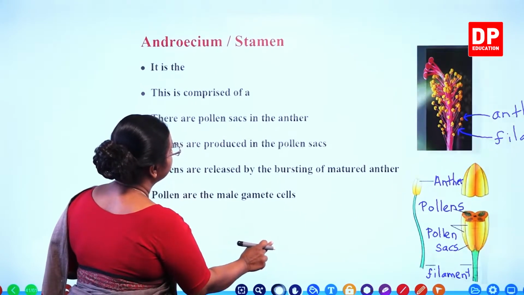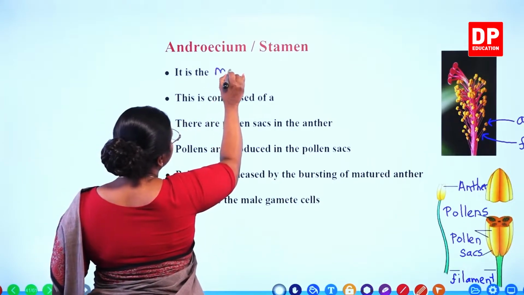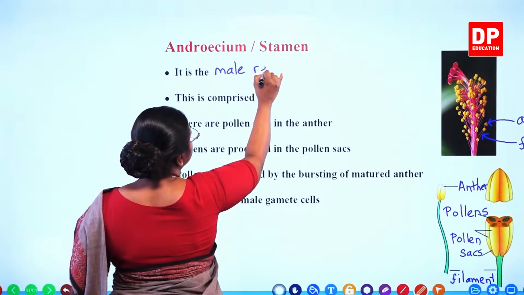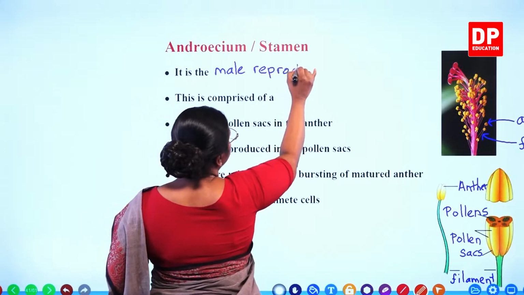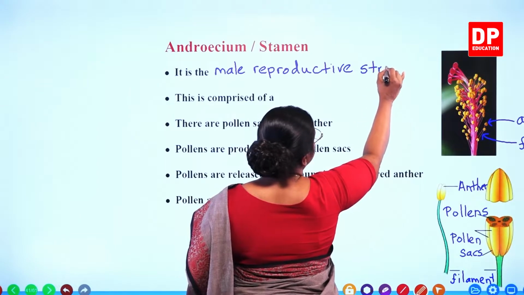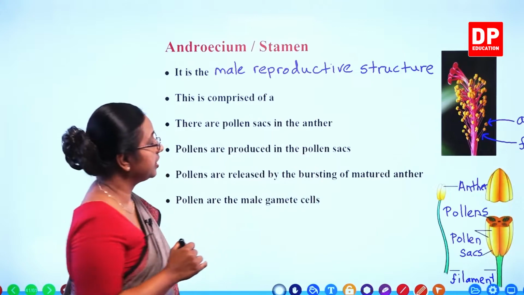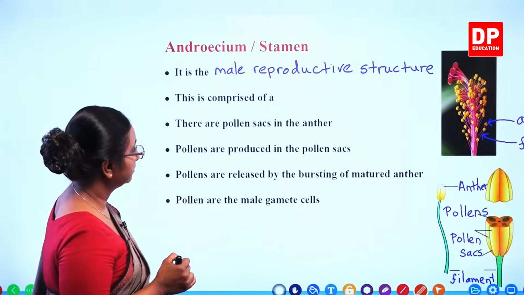So here we can see it is the male reproductive structure. So that is the androecium or stamen.